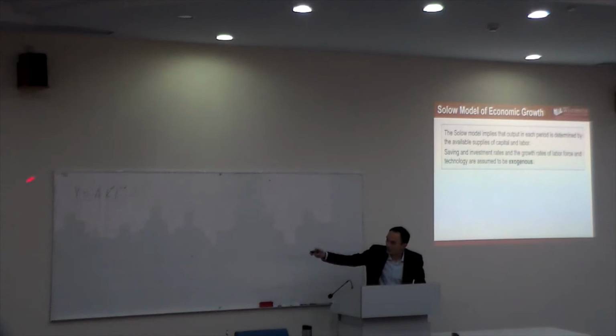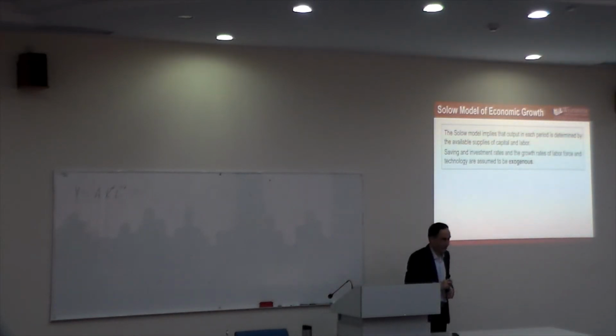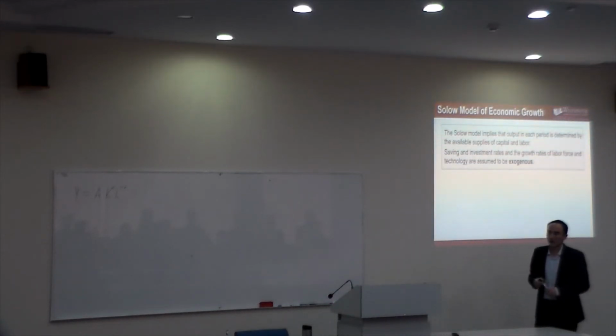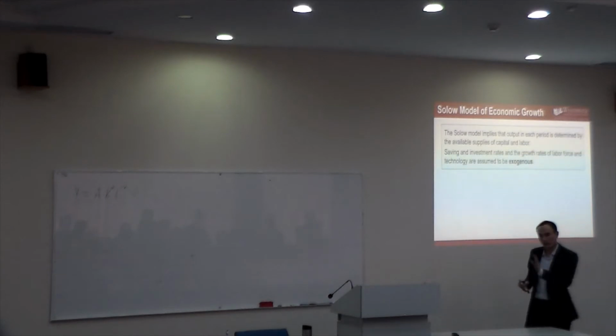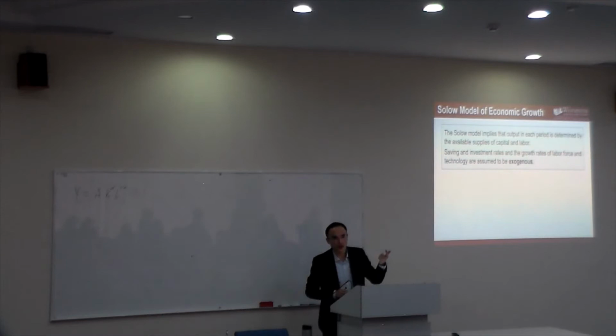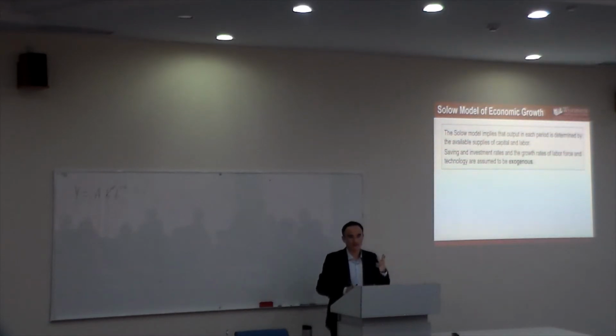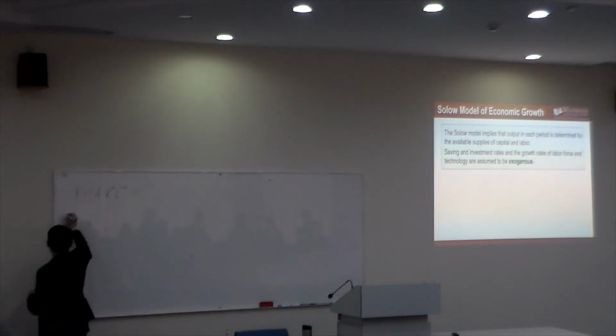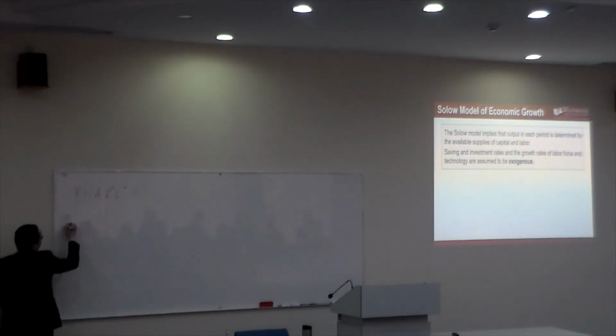So you can see in the Solow model, which considers the Douglas production function, capital and labor determine output. In the model, we are going to consider 3 exogenous variables: saving rate, growth in population, and growth in technology.